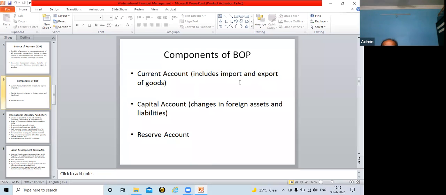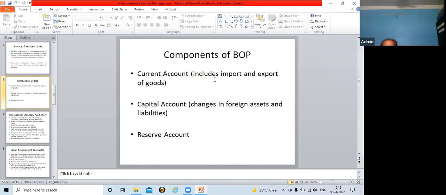Vice versa, when we import, as you said, electronic equipments or electronic goods, it will be on a negative side, because our currency will go to other countries.